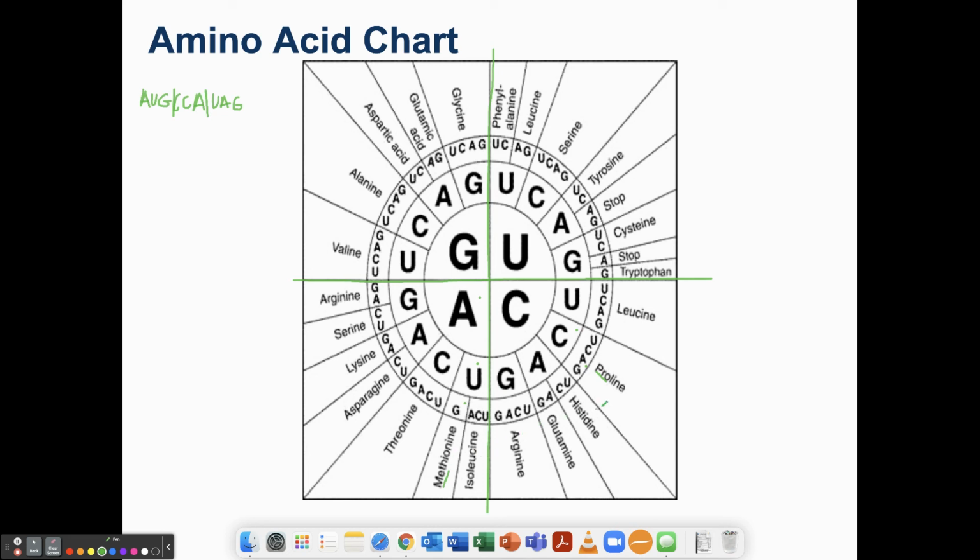So I have methionine, proline. And the last one is UAG, U, A, G. And that's our stop codon. That means that we are done coding for our amino acid sequence. So we have the start and then we have the stop codon.